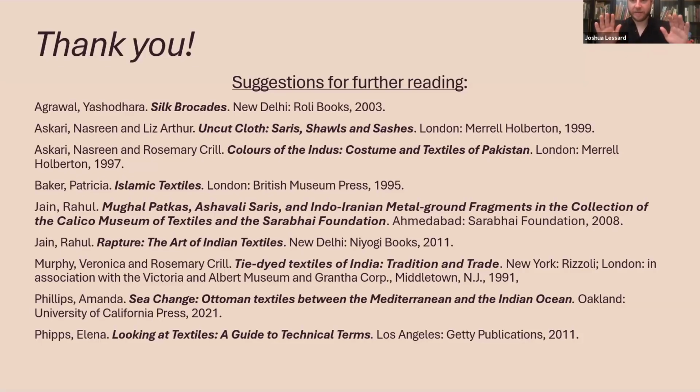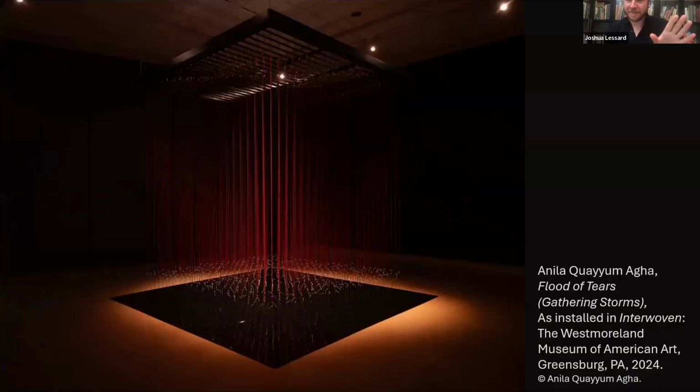While we're waiting for other people to add questions, there were two things, Katie, that you mentioned that I wanted to quickly follow up on. When you showed A Flood of Tears, there are 529 strands of beads. Each one is a little red bugle bead ranging in size from 3/4 of an inch to a full inch.